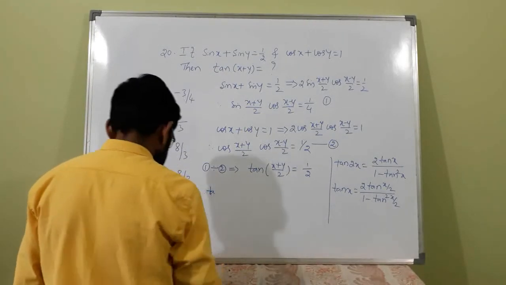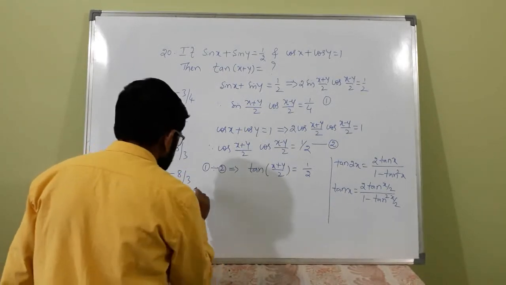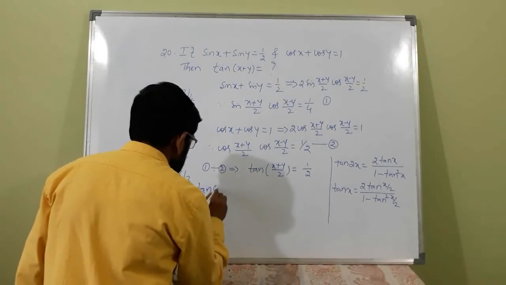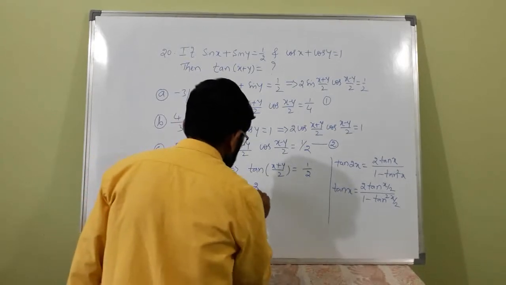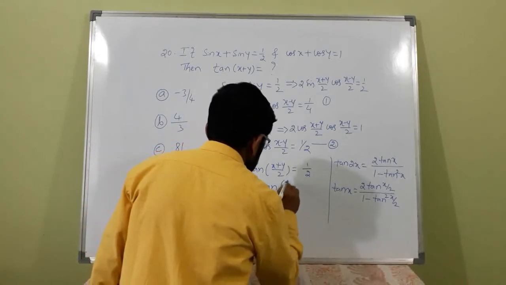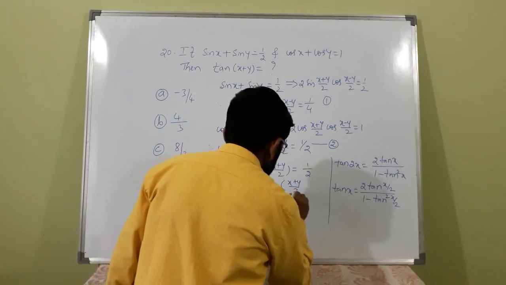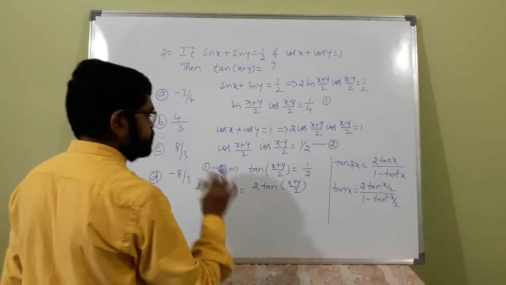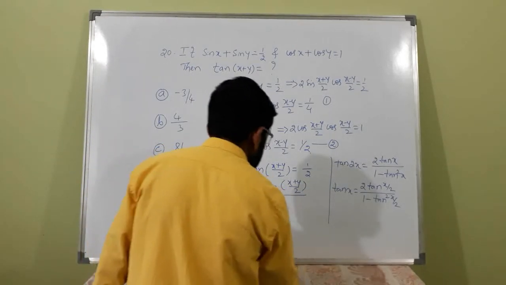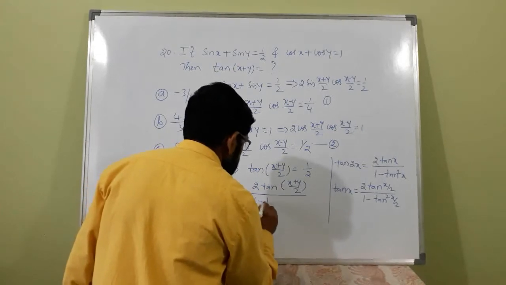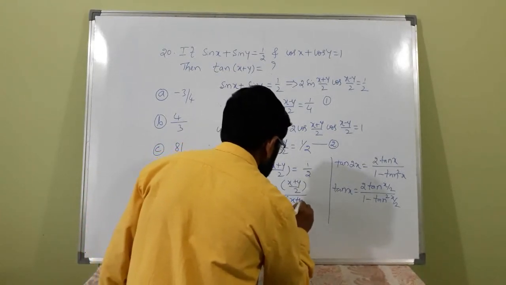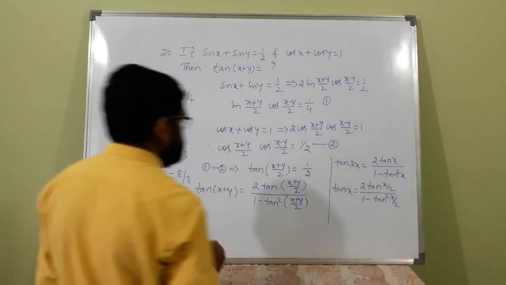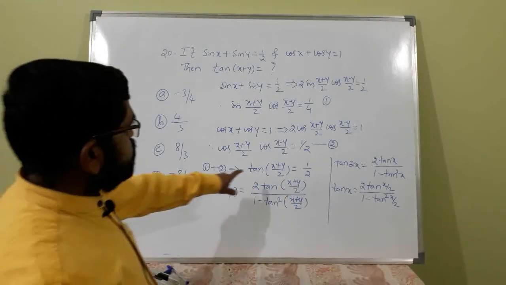Tan(x plus y) is equal to 2 tan((x plus y)/2) divided by 1 minus tan squared((x plus y)/2). Now tan((x plus y)/2) is half.